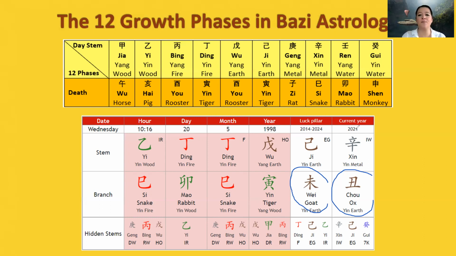So be extra careful. Now, if it's just a current year, not so big of an issue. But if you're going through a 10-year phase like that, really, really learn to be much, much more tolerant and open to other people's opinions.